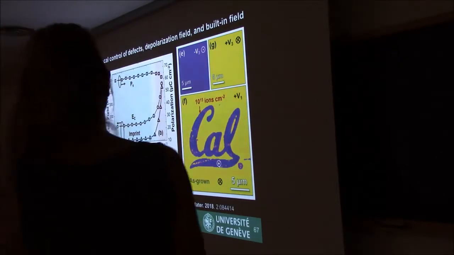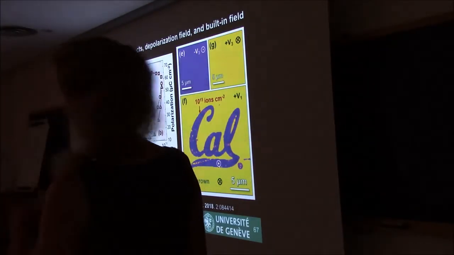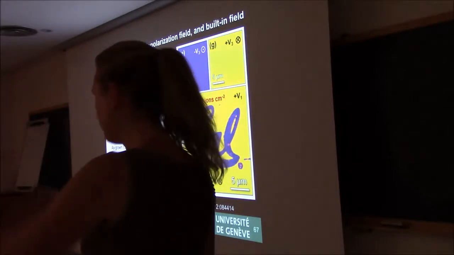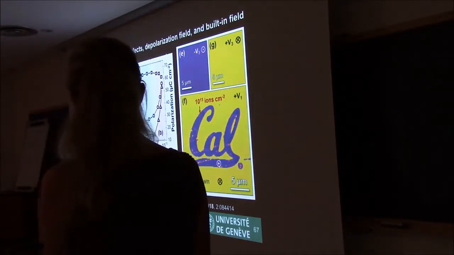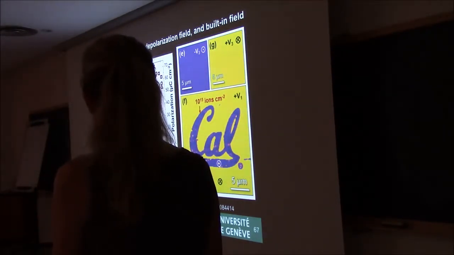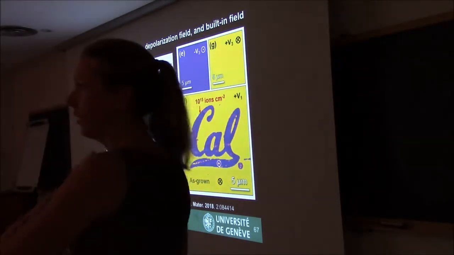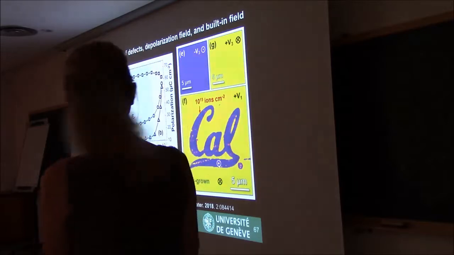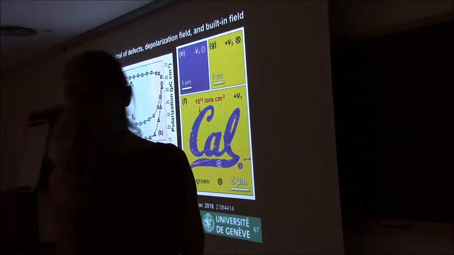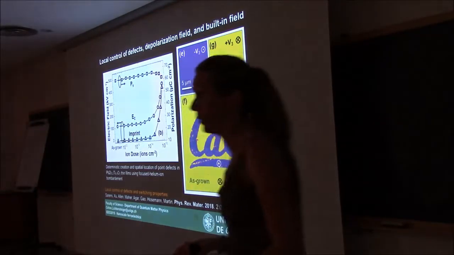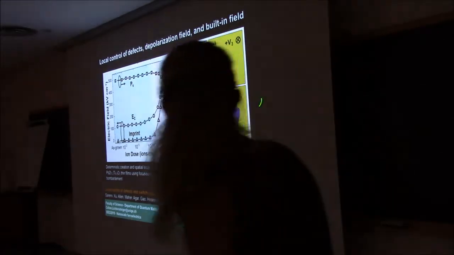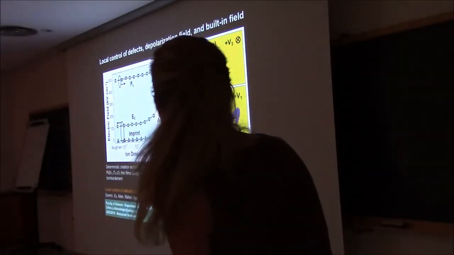Then what does that mean? That means that they then come with the tip of the AFM, and they apply a voltage, and they can completely switch. So here it's a uniform phase image showing you that this region has a uniform polarization. They can apply the opposite voltage, and they can completely switch the polarization in the other direction. And then they come with a voltage that is in between.